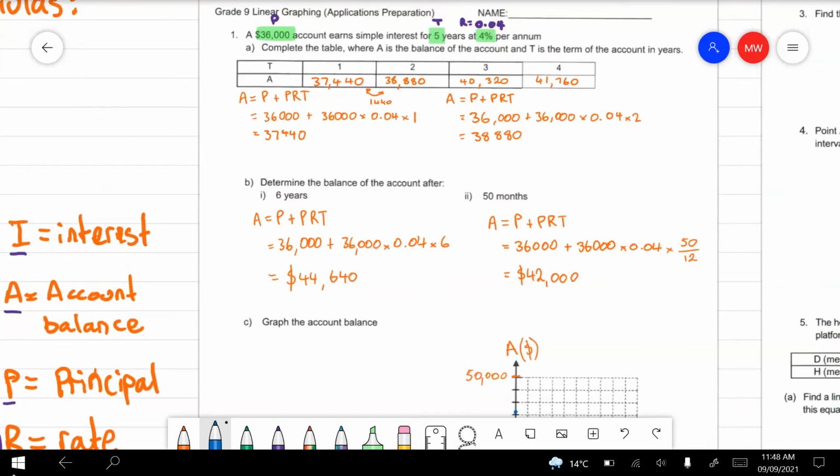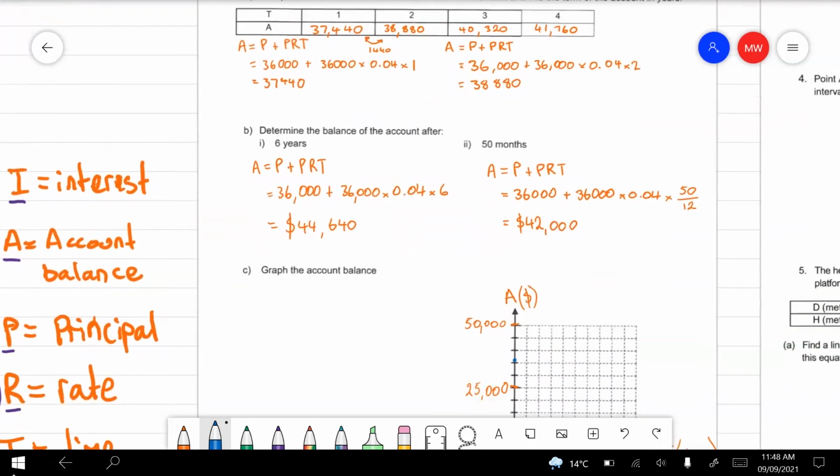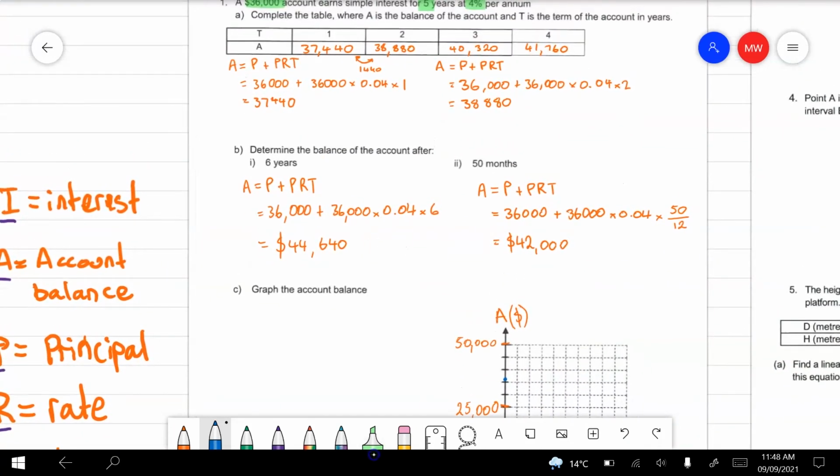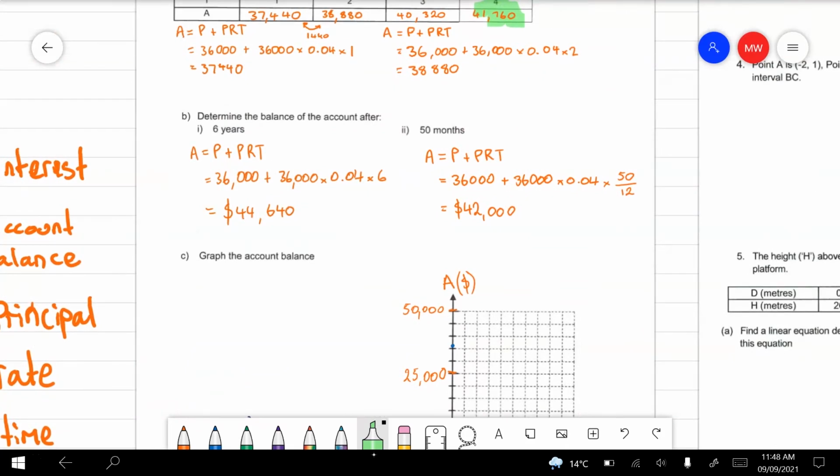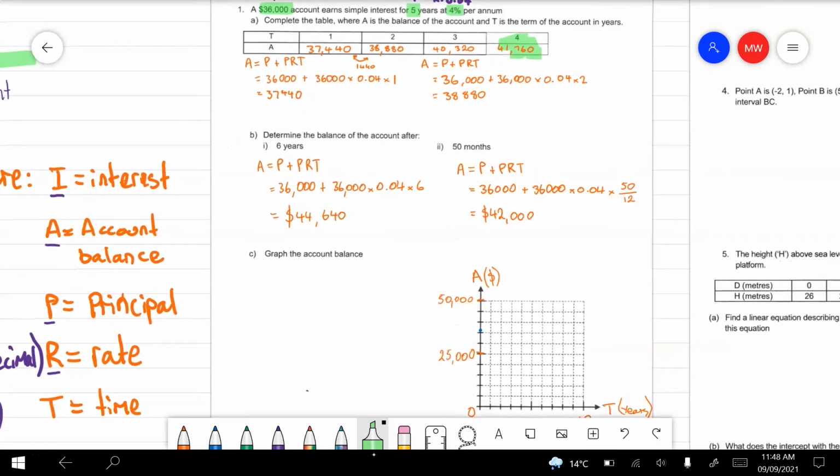Let's say that we choose year 4, where we've got $41,760. So I'm getting that from here, okay? Doesn't matter which point I choose, but if I'm at year 4, then I'm the 4th line across, and 41,000 is going to be roughly here.